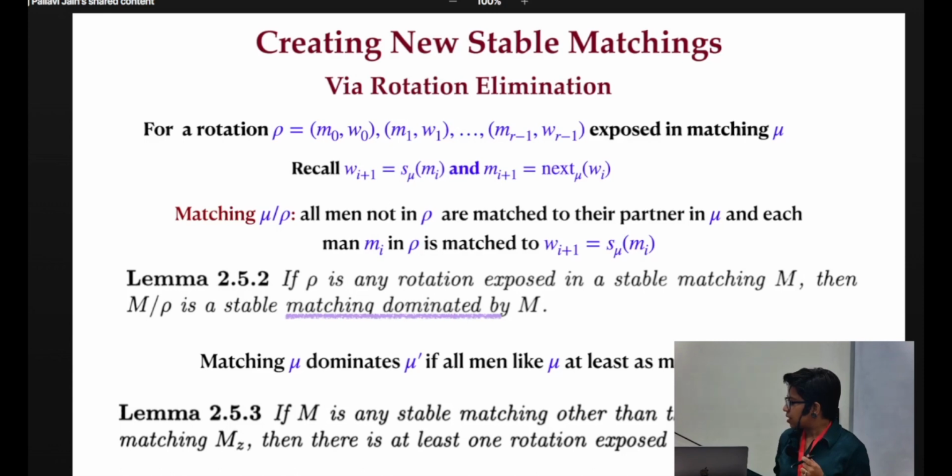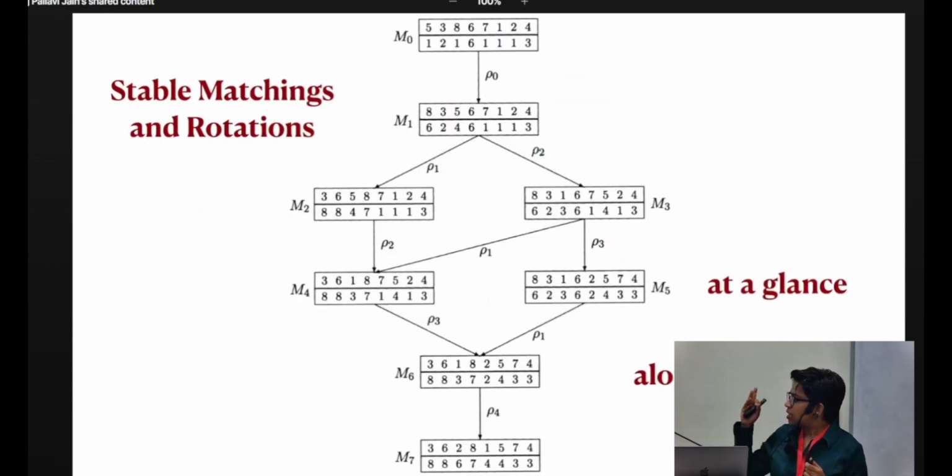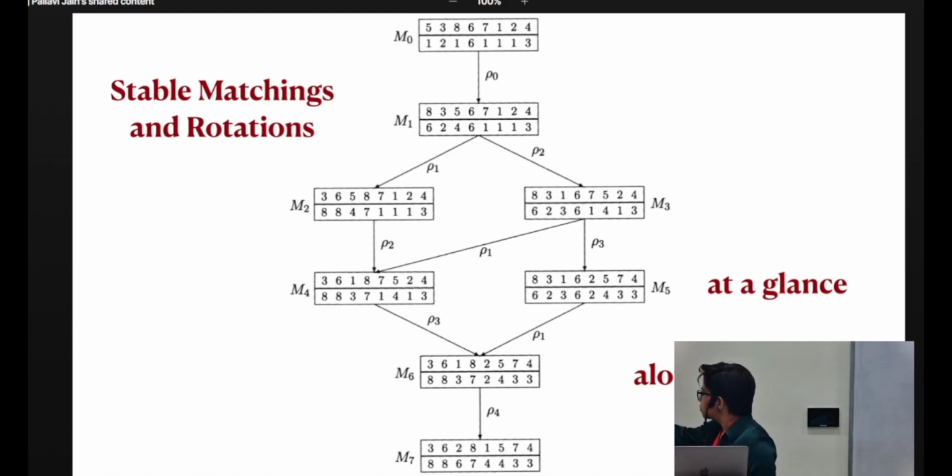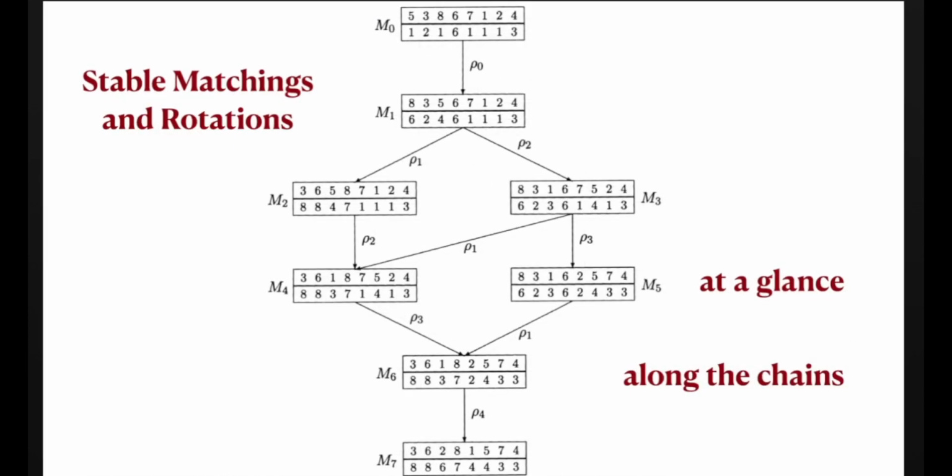Anyways, given that instance that we saw before, that big list with the GS list and so on, it can have 8 stable matchings, from M0 to M7.